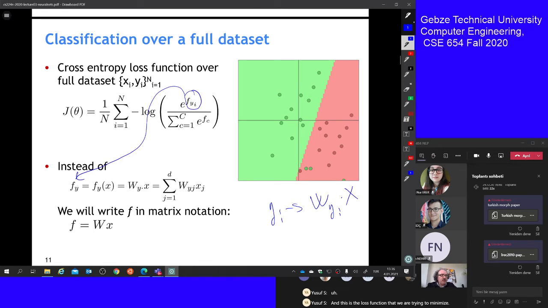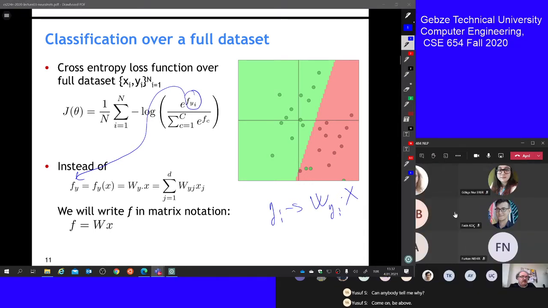Okay, why do we call the loss function loss function? Can anybody tell me why? Come on, people.